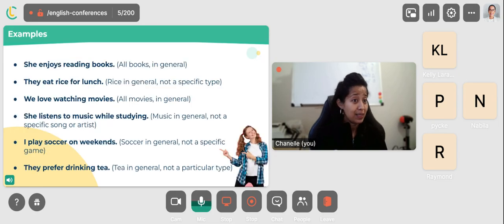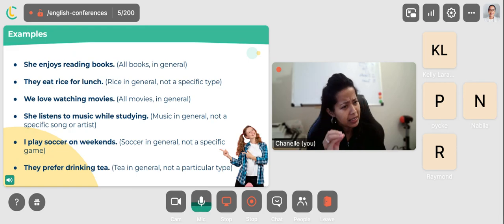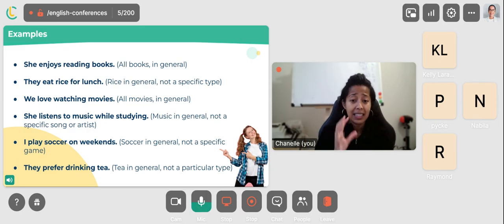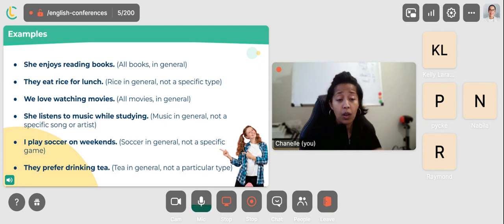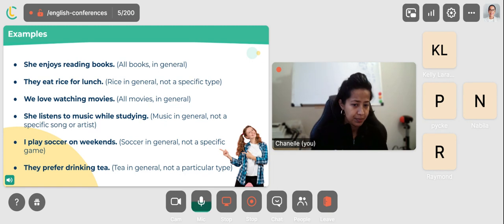Let's look at some examples. She enjoys reading books. All books in general. There is not a particular genre that she enjoys. They eat rice for lunch. They eat rice in general, not a specific type. We love watching movies, all movies in general.